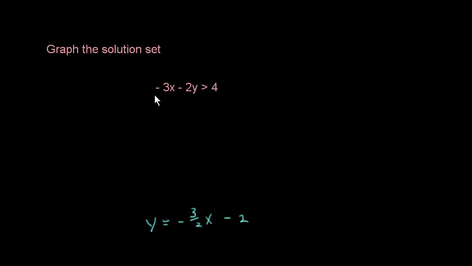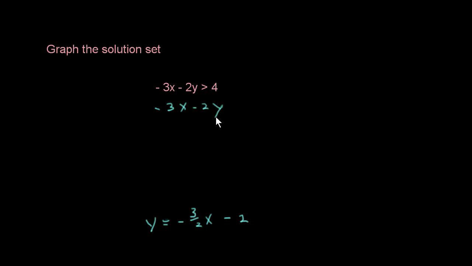We want to temporarily make this an equation because we want the equation of a line, a boundary line. So I'm just going to put an equal sign in here.